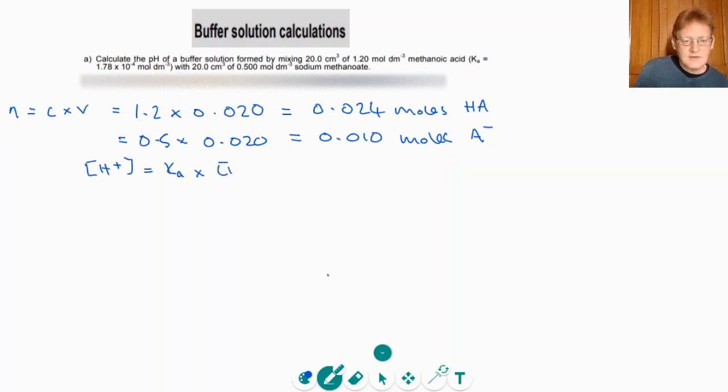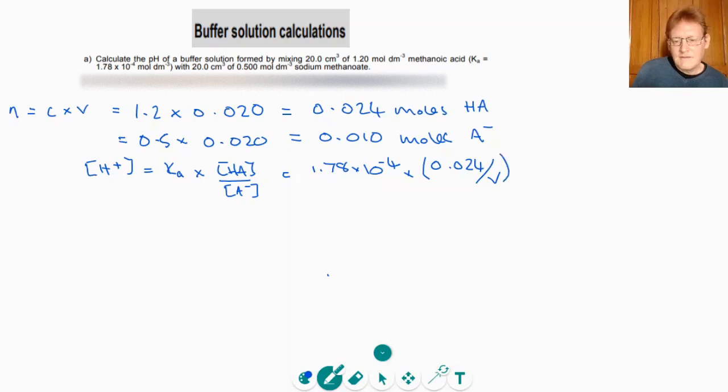Ka times the concentration of the weak acid over its salt, which will be 1.78 times 10 to the minus 4 times by, it's the weak acid concentration, which is the moles divided by the volume, and we can just use V for volume because the volumes will cancel. Then that divided by A minus moles over volume.